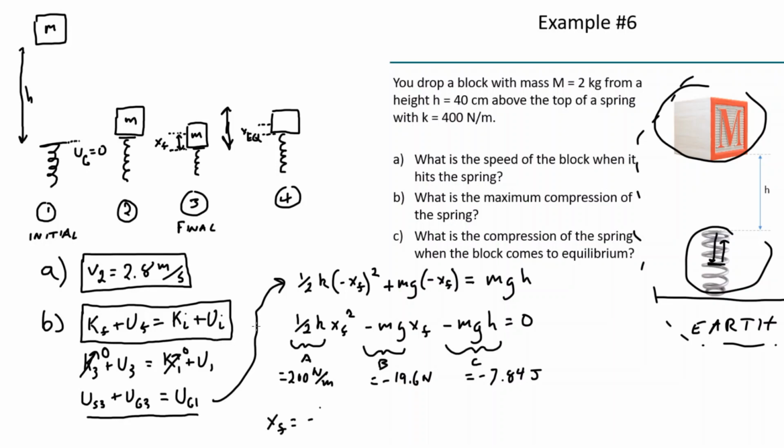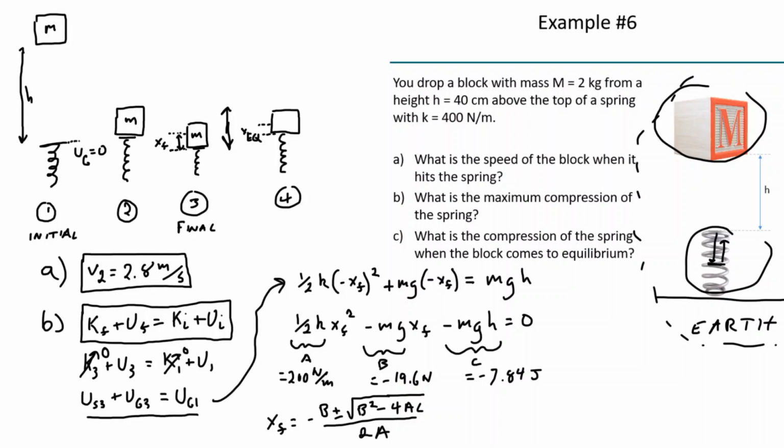equals negative b plus or minus the square root of b squared minus 4ac all over 2a.